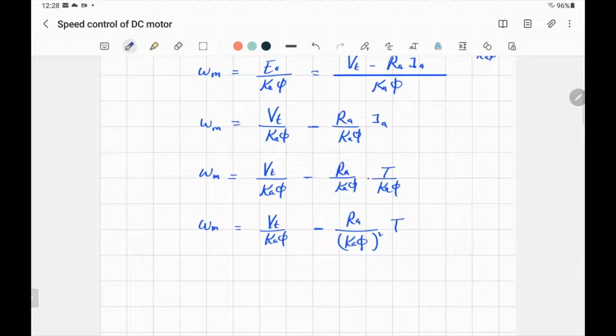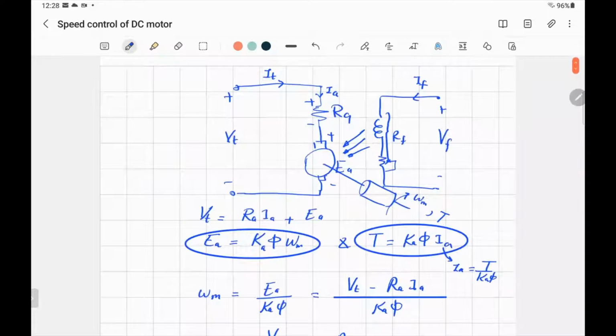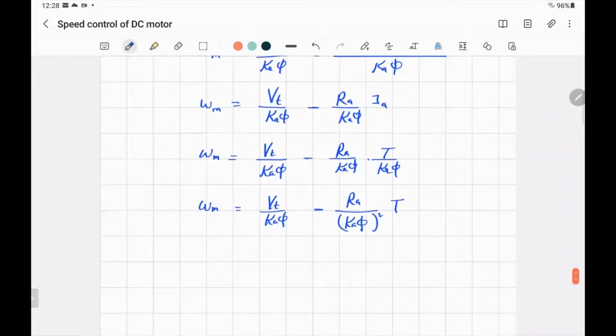If we are operating the DC motor under constant terminal voltage, it means the supply Vt is constant. I'm not changing it. If it's 120 volts, it stays 120 volts. So Vt is constant, Ka is constant, phi is constant, I'm not changing any field. So this term will be constant.